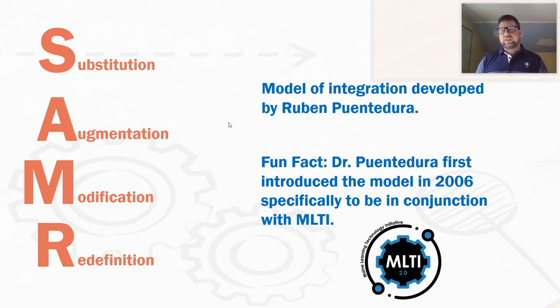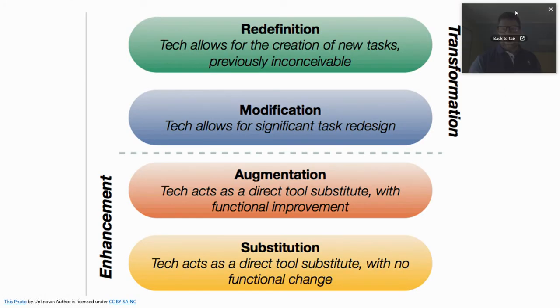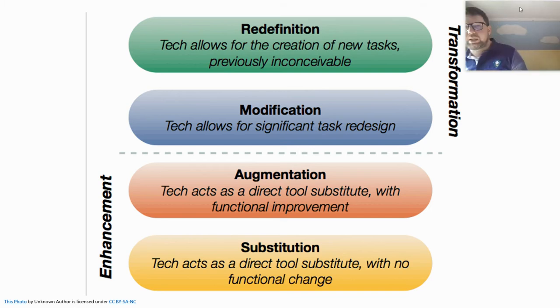Those are the various ways that he decided that technology could be integrated, and the different levels of it. And you see many charts that depict this tiered approach to integrating technology.